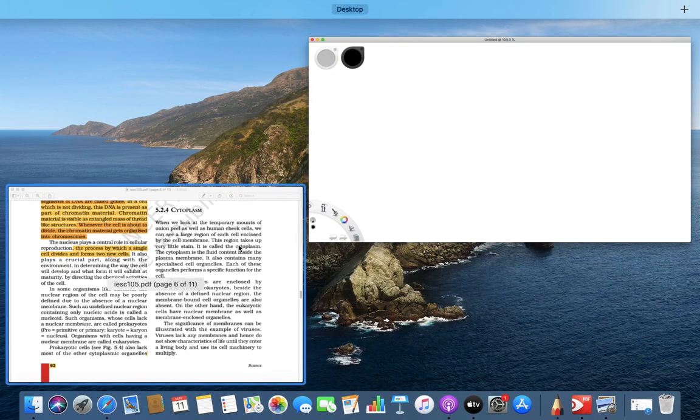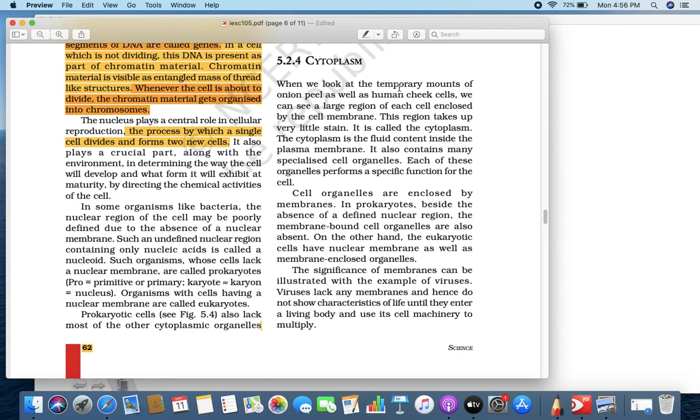So based on this, one is called a prokaryote, let me show you. In organisms like bacteria, I am repeating, the nuclear region of the cell is not properly developed, it is poorly developed. Why?